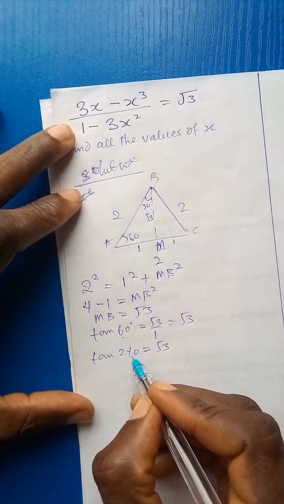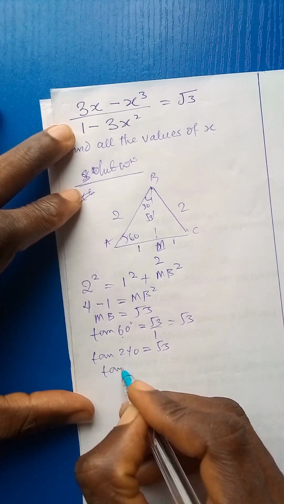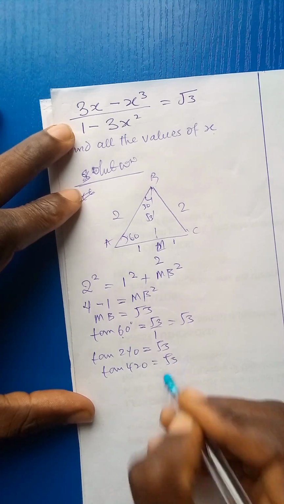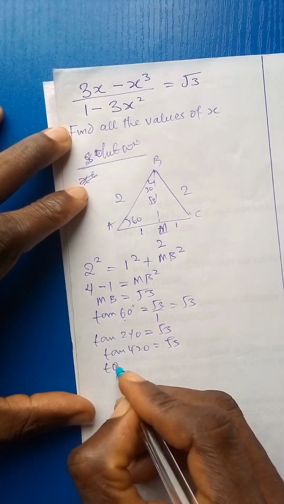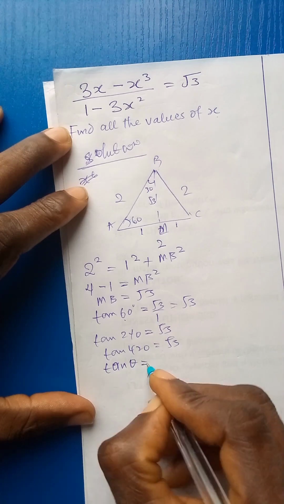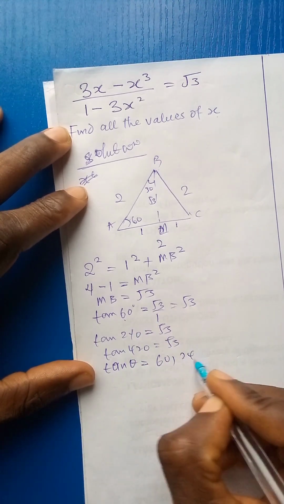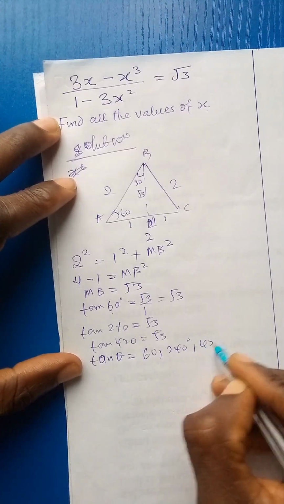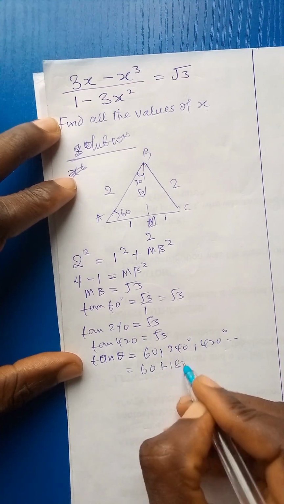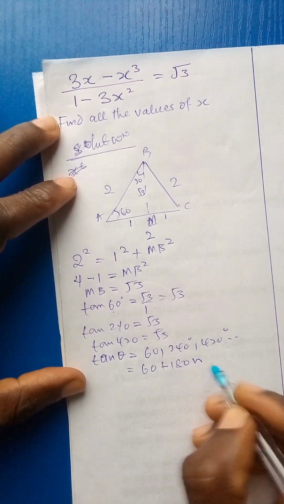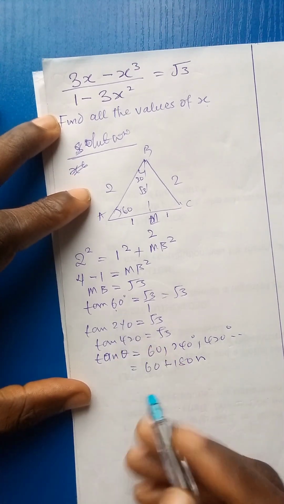Also, if I add 180 to this one, that is tan 420, I will also have root 3. More like, I'll have tan theta equals 60 degrees here, then 240 degrees, 420 degrees, and so forth. That is 60 plus 180 times n in degrees. That is what our tan theta is. Remember, tan theta is tan 60.